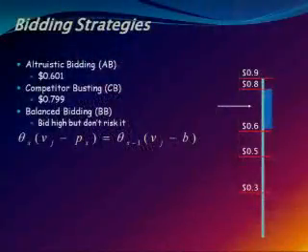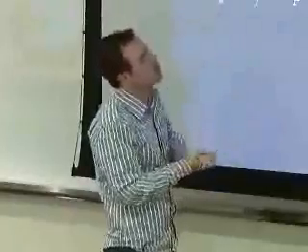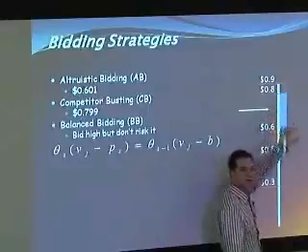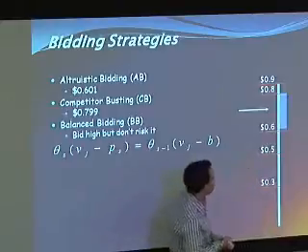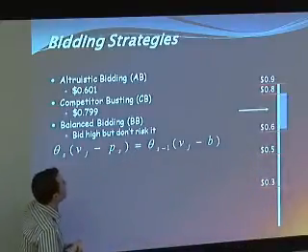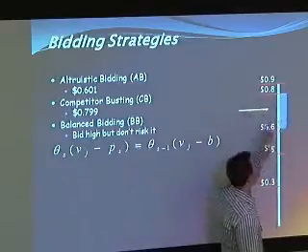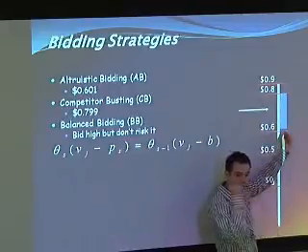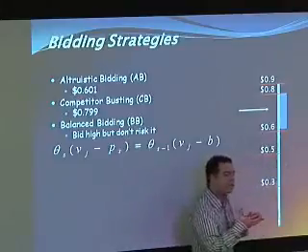Another strategy, which is going to be the most interesting to us, is what we call balanced bidding. The idea behind this strategy is to bid in this range to optimize your utility function, bid high, but don't take the risk I just described earlier. The idea is to bid as high as possible such that if this player realizes what you're doing and tries to undercut you and make you pay close to what you're bidding, or exactly what you're bidding, which is the highest amount you can pay, then that should not hurt you.